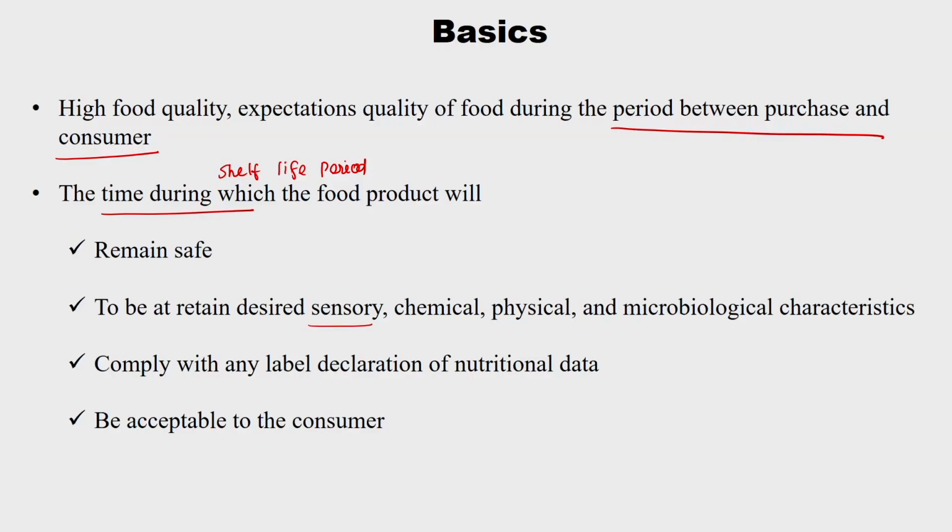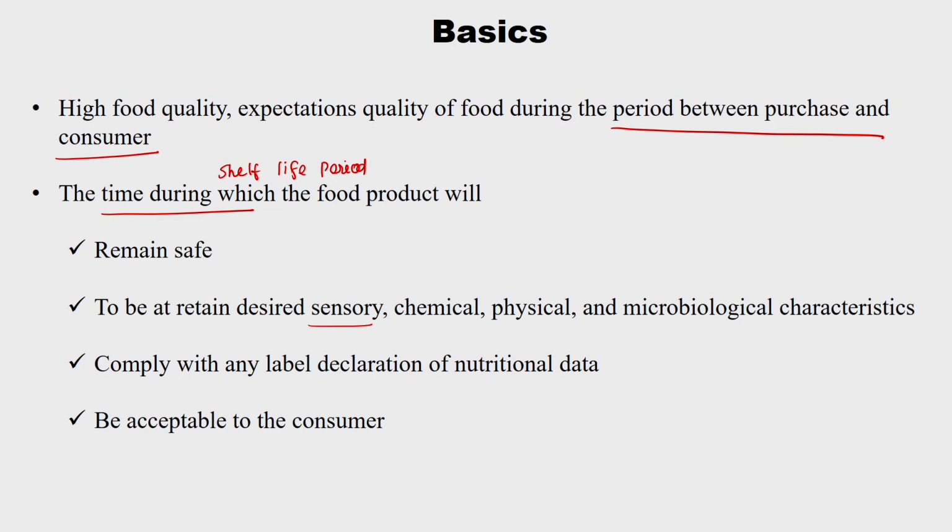And microbiological characteristics we have already seen: it should be at the proper microbial count. We have already seen that we cannot have 100% killing of any bacteria or pathogenic microorganisms, but it should be within acceptable microbiological characteristics.